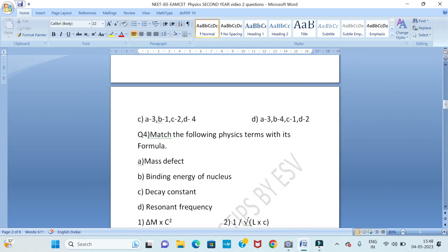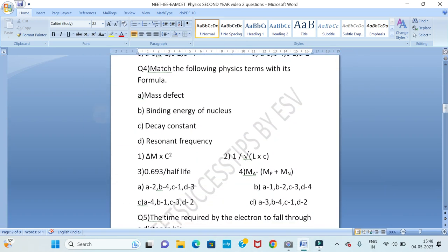Match the following physical terms with its formulae: mass defect, binding energy of nucleus, decay constant, resonance frequency.